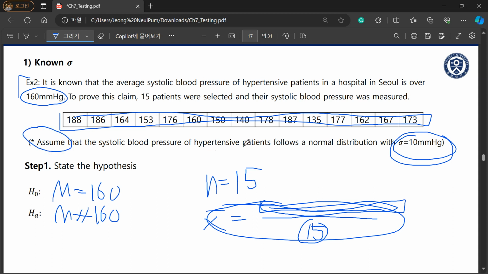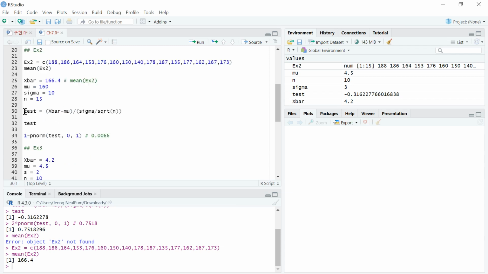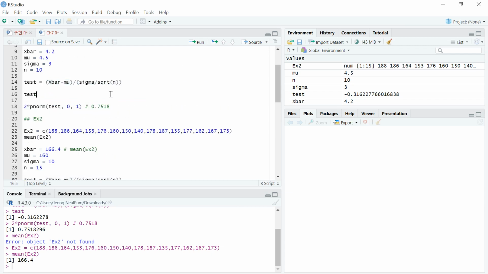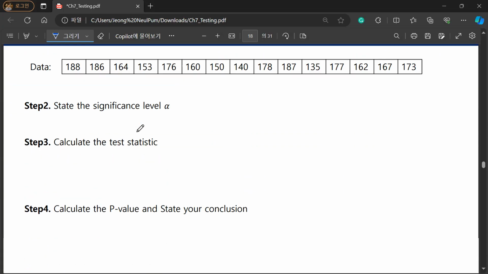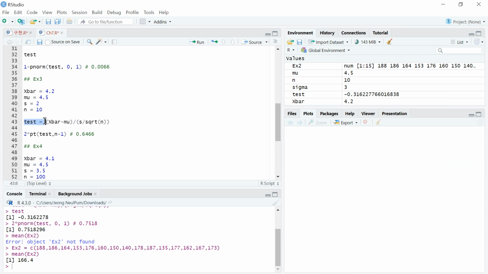We assume that our population follows the normal distribution. So sigma is 10 and sample size is 15. Then we can construct our test statistic by using this formula. Actually, this is the same as the previous one, so there's no much difficulty. And then this is the test statistic.